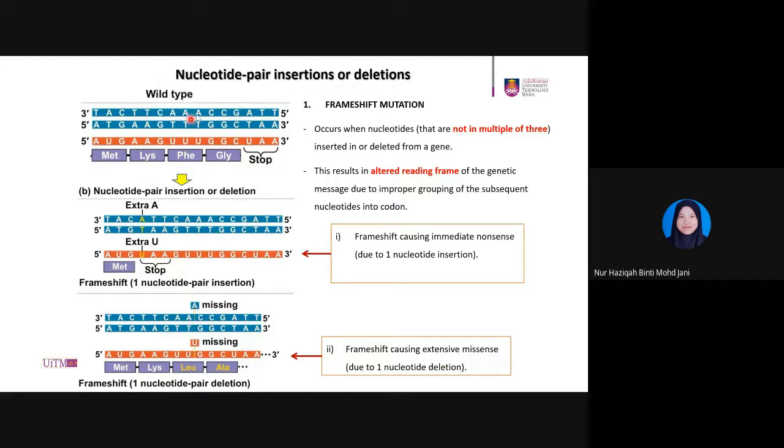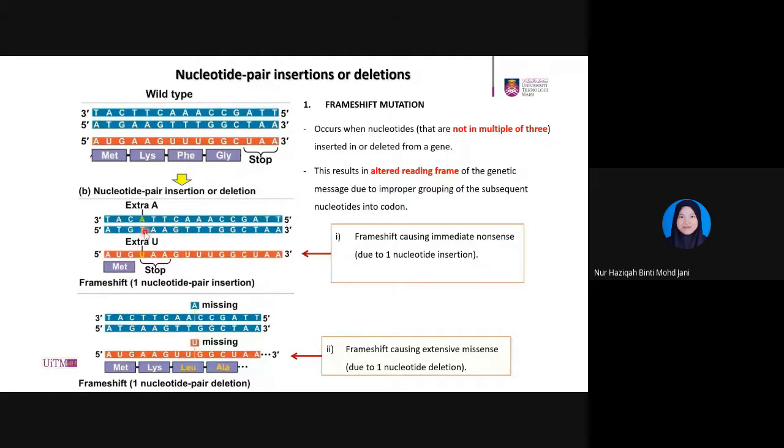So that is frame shift mutation. It alters the reading frame. So dia akan baca instead of UUU, dia jadi UUG. G of glycine dia bawa ke depan. So dia akan obviously alters all the way through the reading frame of the mRNA, produces a different sequence of amino acids for that protein. So kesan dia lagi teruk lah daripada yang previous mutation that we have looked earlier, okay.